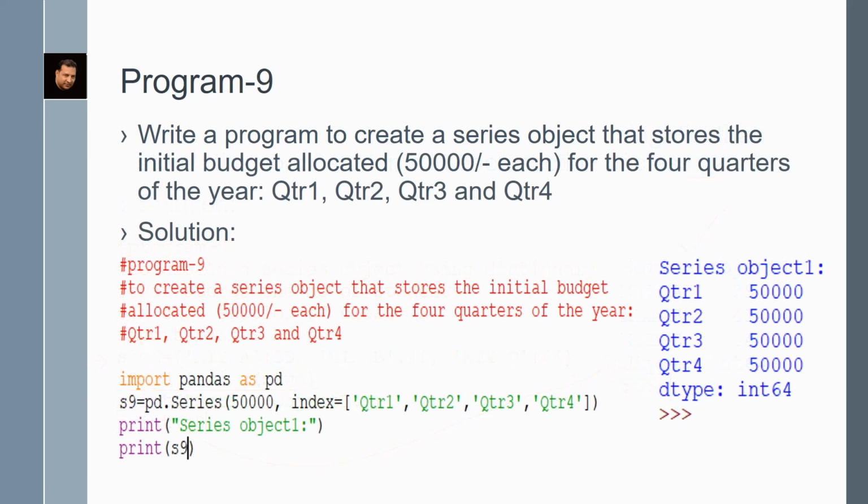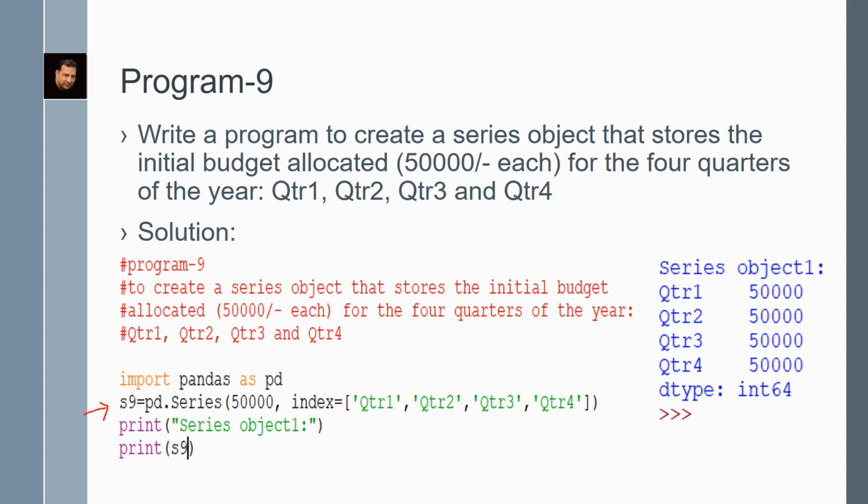Next program. Program number 9. Write a program to create a series object that stores the initial budget allocated 50,000 each for the 4 quarters of the year. 4 quarters are quarter 1, quarter 2, quarter 3 and quarter 4. So for these 4 quarters you have to allocate 50,000 each. So how can we do this? See this line.